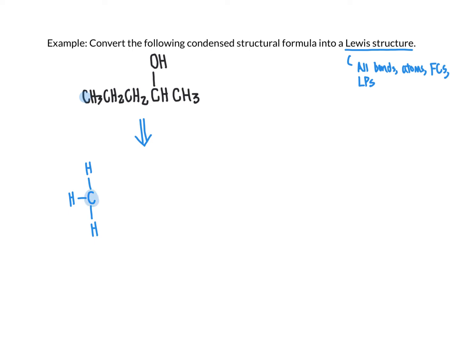That's our carbon right here, and the 3 hydrogens it's linked to are here, here, and here. And then to fill the complete octet for this carbon, we currently have 3 covalent bonds. It needs a 4th, and it gets that 4th by the carbon that is to its right there. So I'm going to fill that in to my Lewis structure here, showing a line to connect the next carbon in the chain because we have to show all of the bonds explicitly.